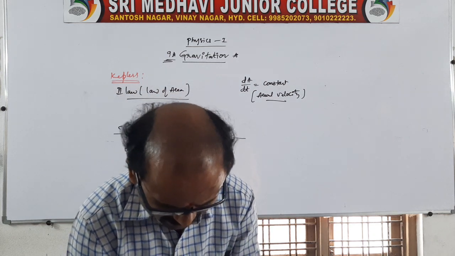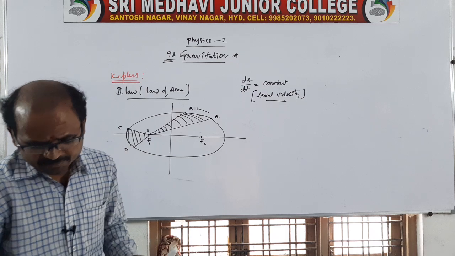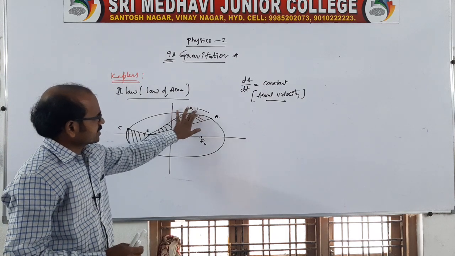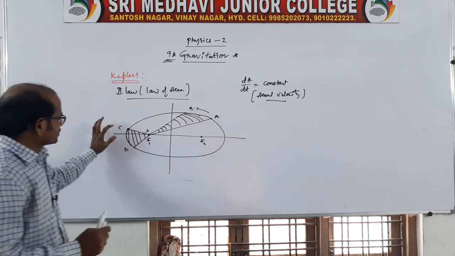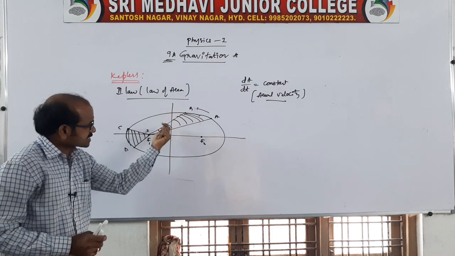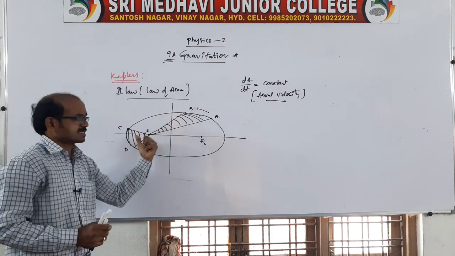Here you remember one thing, the time taken. From A to B it takes a long time, and from C to D it takes less time. But the area swept by the planet is equal. This area and this area are equal. Here it moves fast, and here it moves slow, but the areas are equal.